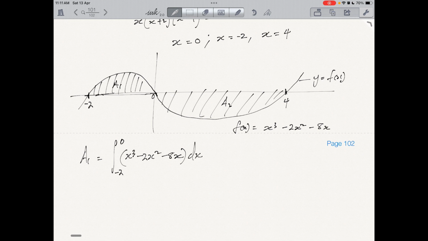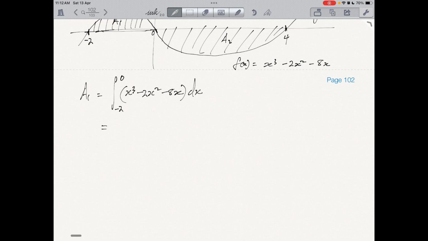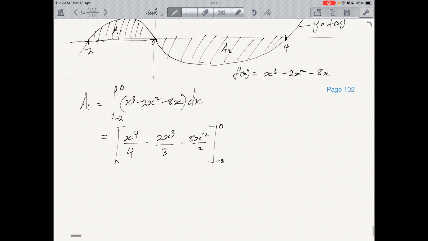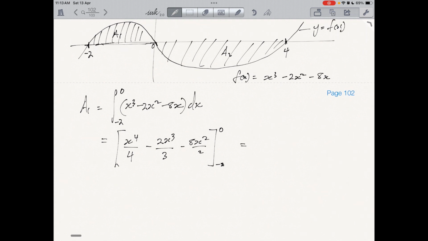So when we simplify, we have to integrate and we'll have x to the power 4 over 4 minus 2x cubed over 3 minus 8x squared over 2, limit from minus 2 to 0. Simplifying this further, our final answer is 6 2 over 3 square units.